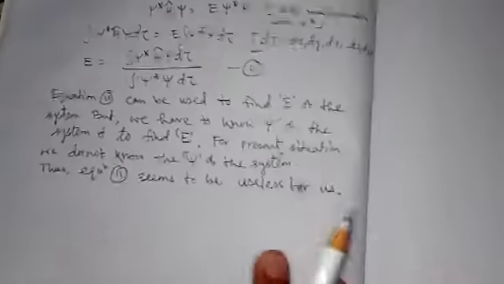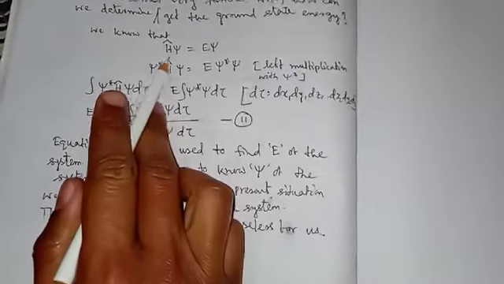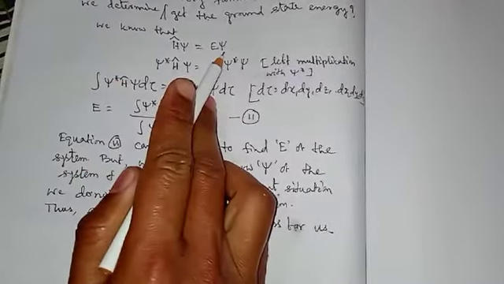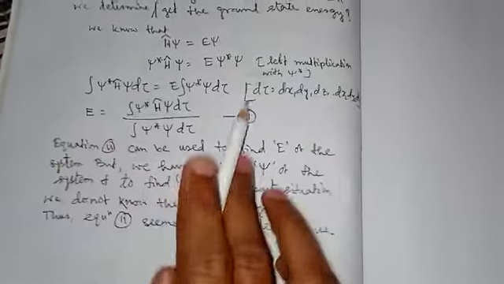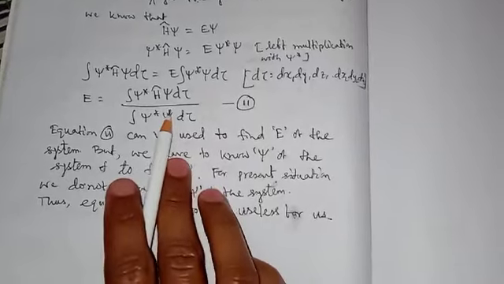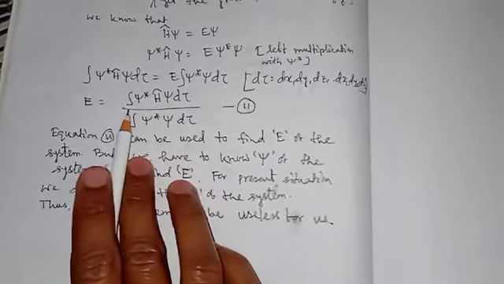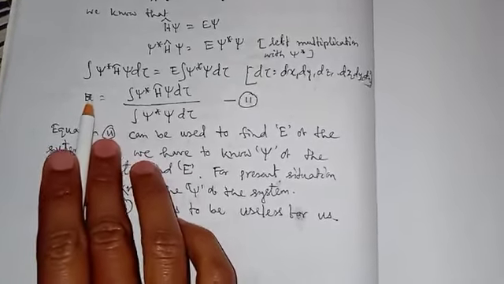So we came up with an idea: if we multiply psi star with the time independent Schrodinger equation, then what will happen? We can get the energy, but it is necessary to know the wave function. If you do not know the wave function of the system, then you are not able to calculate the energy of the system.